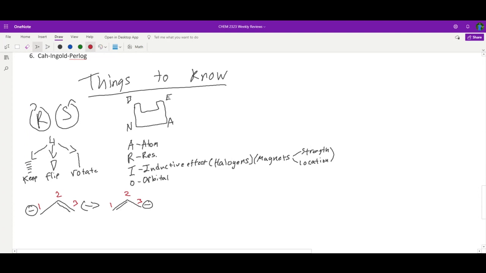It goes from 2 to 3, to 2 to 1. So carbon 2, the middle atom, will always have that double bond. If you apply this three-atom rule to any resonance, you should be able to get all of it.